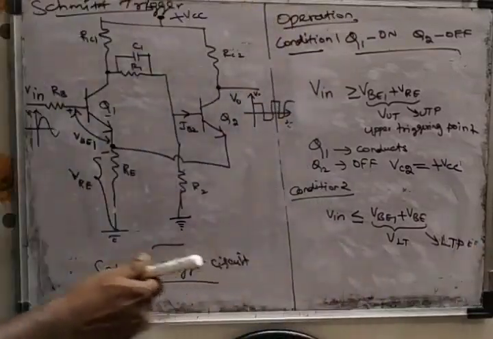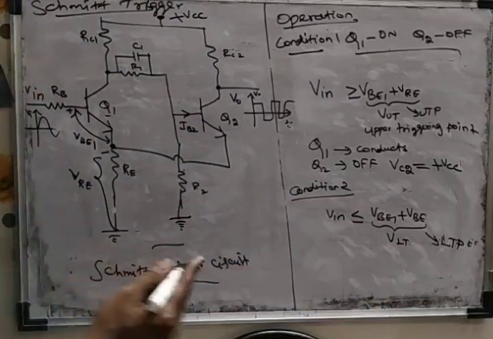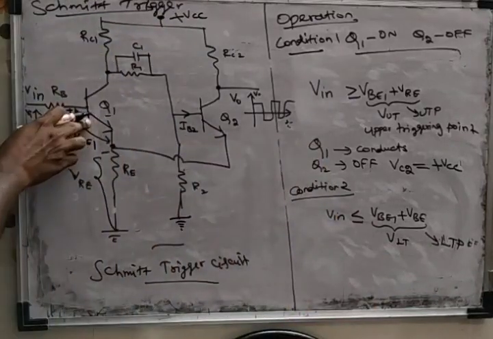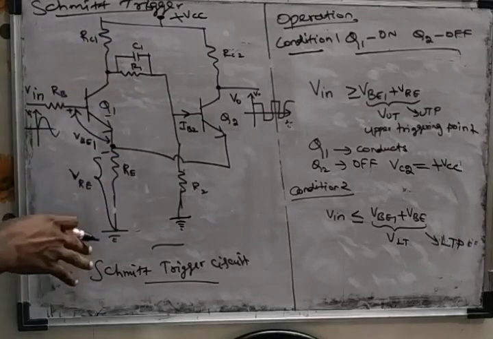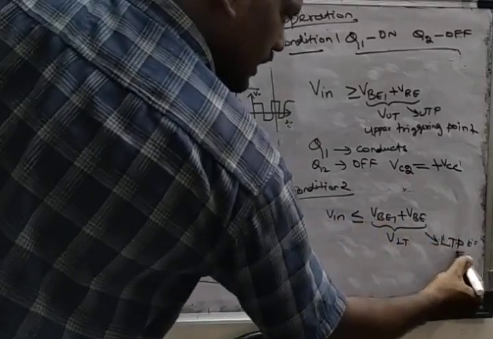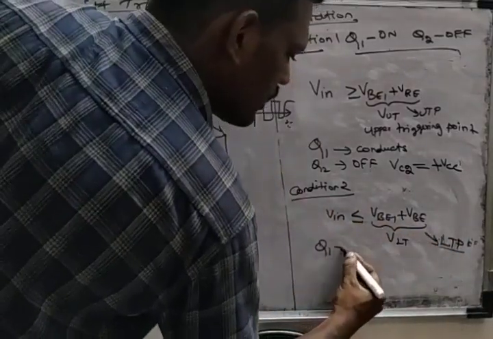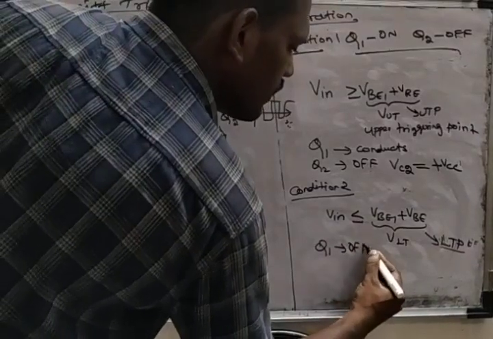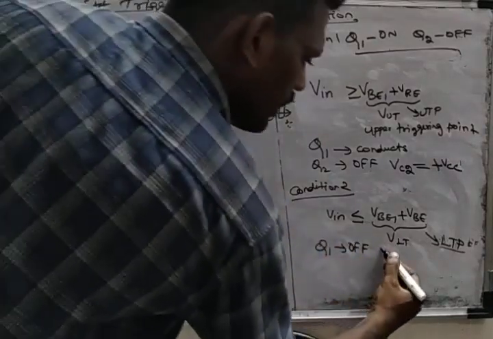So when it reaches this lower triggering point, Q1's base emitter voltage will be less than 0.7 volt. Also when it reaches this LTP, transistor Q1 is off and transistor Q2 will be in on condition.